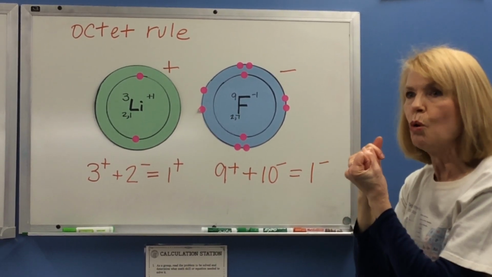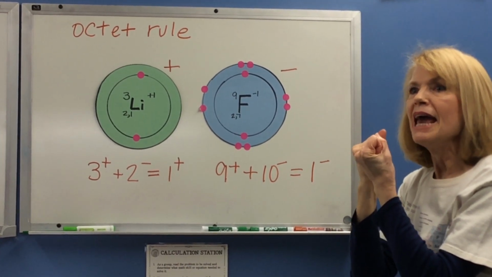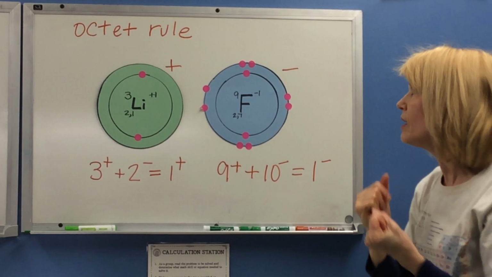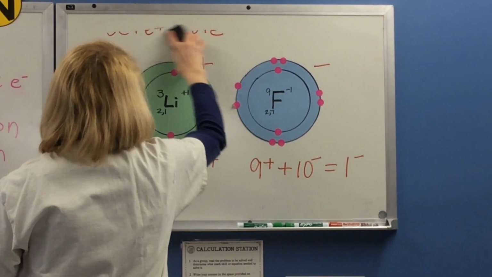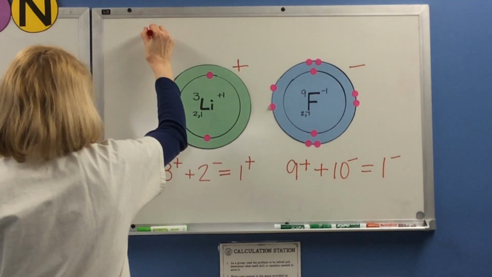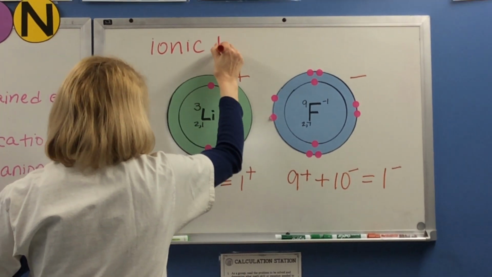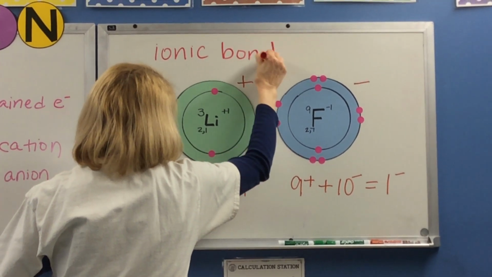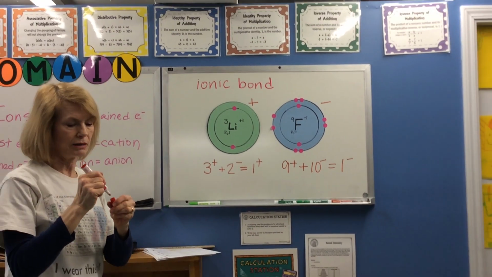They don't join specifically, they are just attracted to each other, and that's called an ionic bond. An ionic bond is when 2 charged particles form a bond.